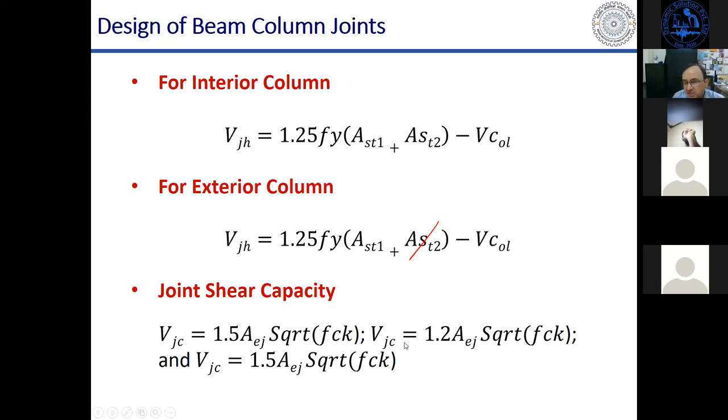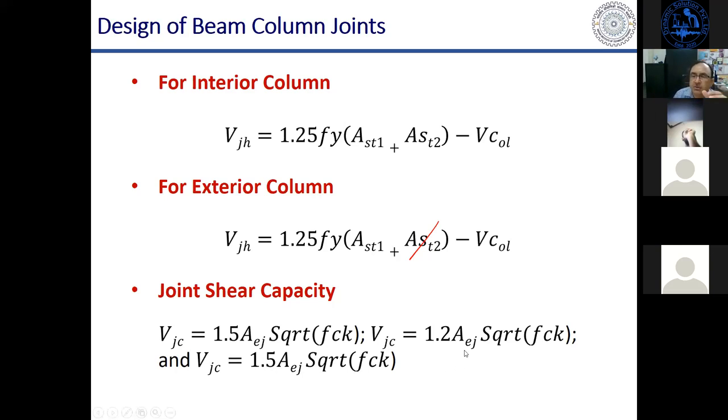In case of an exterior column, it will be 1.2 AEJ, which is confined from three sides, but not on the other side. And the corner column will have beams only in two perpendicular directions, so it will not be confined in any direction.